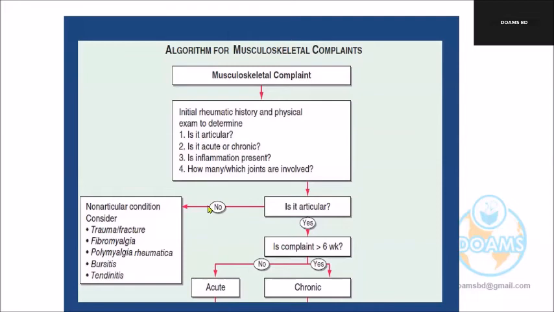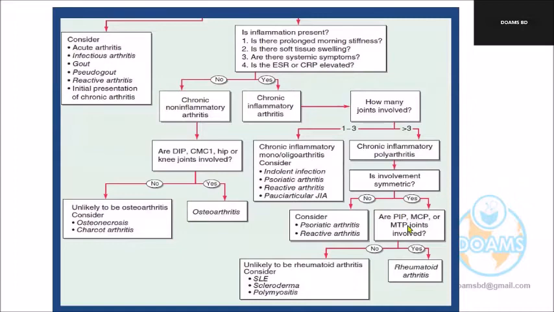Now, if it is not articular, the main bulk of disease in general practice is non-articular. So it could be fracture, trauma, fibromyalgia, polymyalgia rheumatica, bursitis or others, or tendonitis. If it is acute or chronic, the algorithm runs to the rheumatologic diseases.